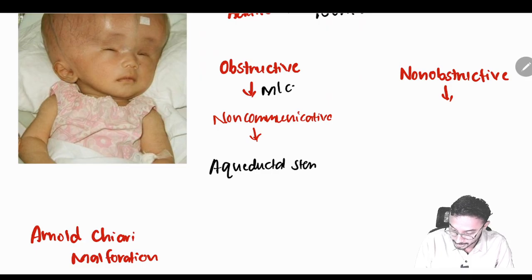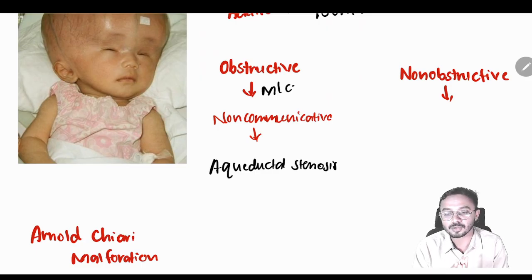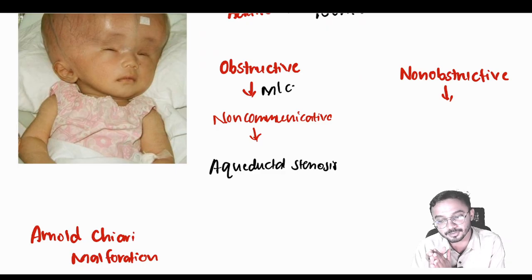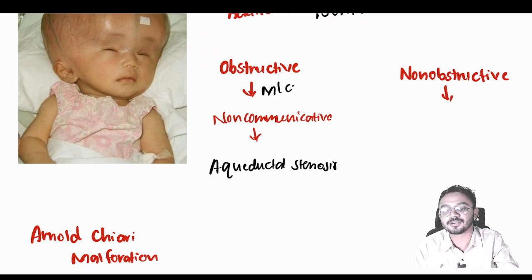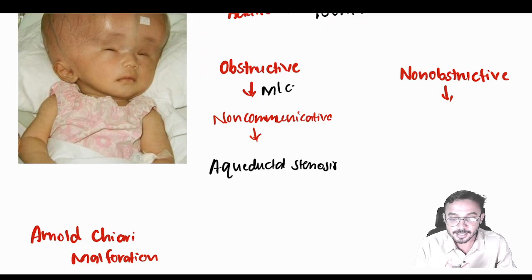We all know the CSF is produced from the choroid plexus. It reaches the lateral ventricles, from the lateral ventricles it reaches the third ventricle, and from the third ventricle it reaches the fourth ventricle. In between the third and fourth ventricle, there is a structure known as the aqueduct.